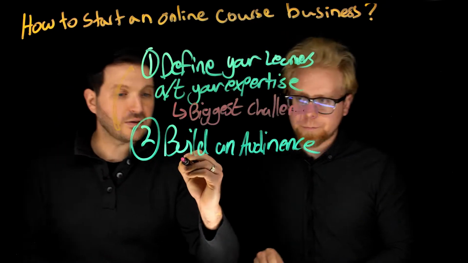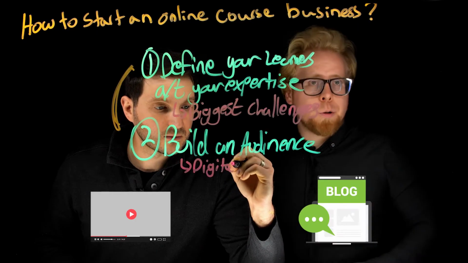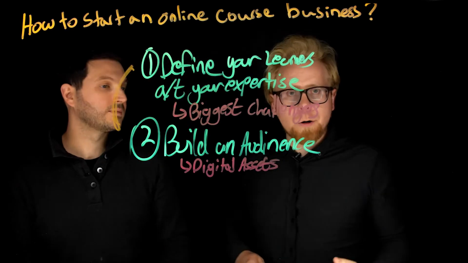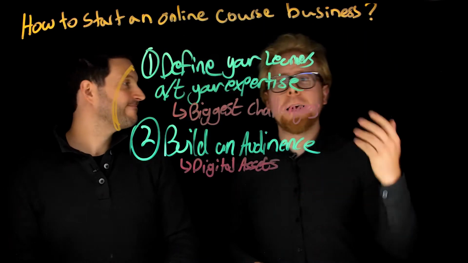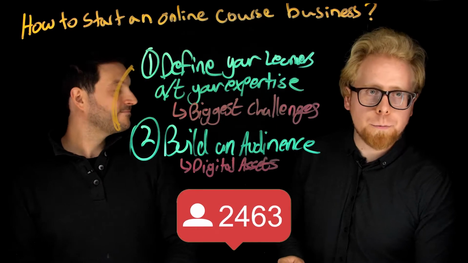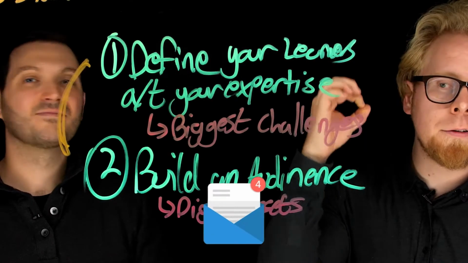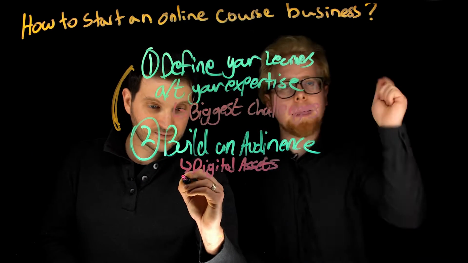Basically, we're talking about digital assets. So digital assets like YouTube videos, blog posts, etc. These are assets that answer questions for your learners, that attract them into your sphere of influence, that you can then get followers on social media, subscribers on YouTube, and most importantly, emails on your email list. Because then what you're going to do is you're going to have a lead magnet to get those emails.